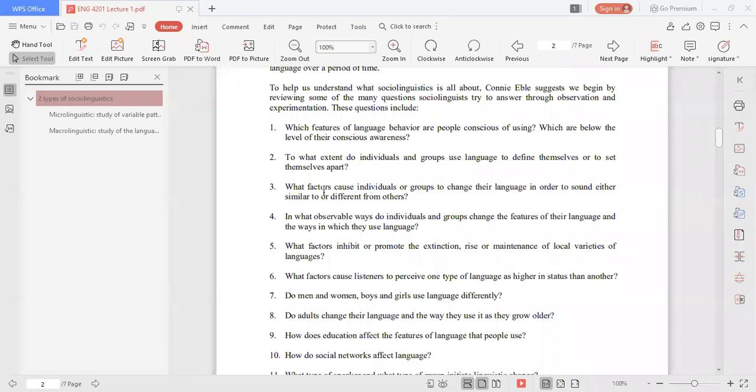Number 7: do men and women, boys and girls use language differently? If I ask you this question, who can answer me? Yes, sir. And your name is? Sir, Ritu. Only Ritu is there. So Ritu is the courageous one, and the rest of the people are the Vitu.